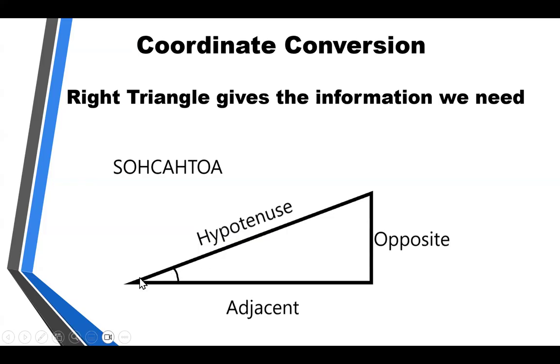The right triangle has this SOHCAHTOA property, which means the sine of the angle is equal to the opposite side length divided by the hypotenuse length. Cosine of that angle is equal to the adjacent side length divided by the hypotenuse length. And the tangent of the angle is equal to the opposite side length divided by the adjacent side length.